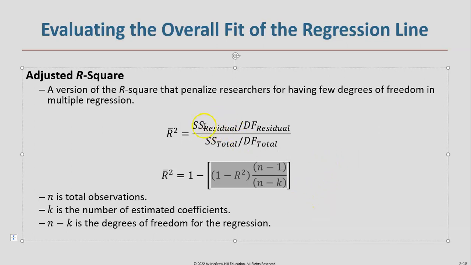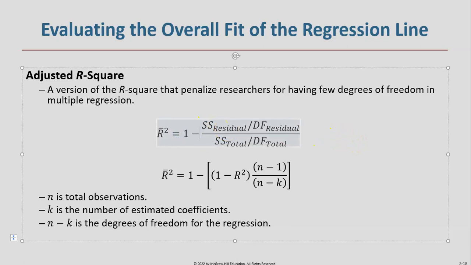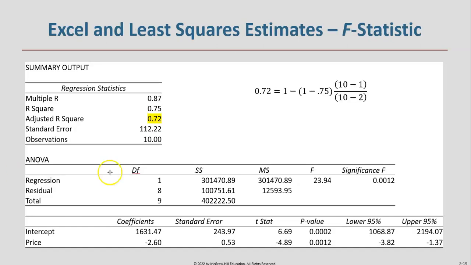In Excel, we're looking for SS residual divided by the residual degrees of freedom. And that formula is not quite correct, so let me type in 1 minus. Okay, and so let's go to the Excel output. MS is the notation for the sum of squares divided by the degrees of freedom.